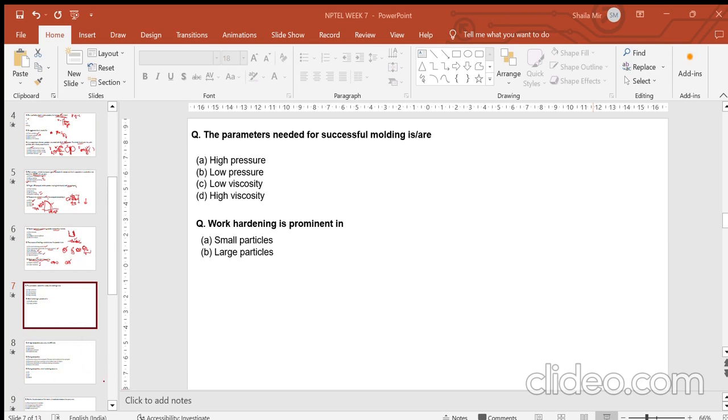The factor is 1.4. So you can calculate the n operational, that would be 0.82 by 1.4. So this will give you the operational speed.